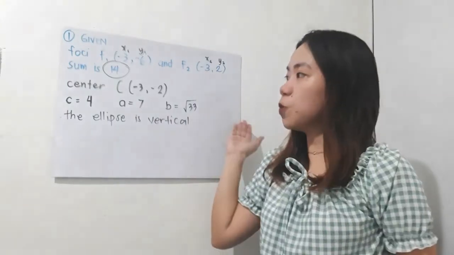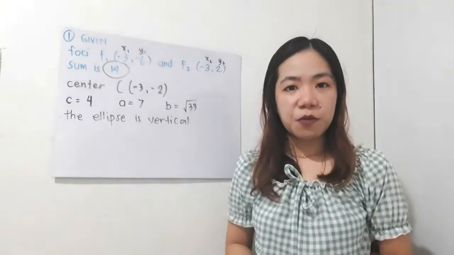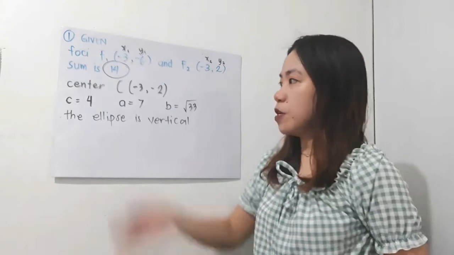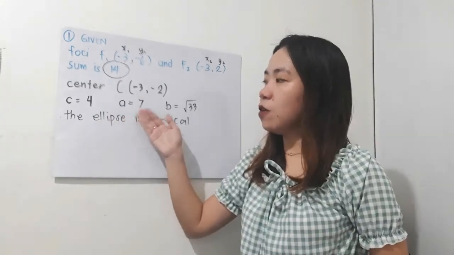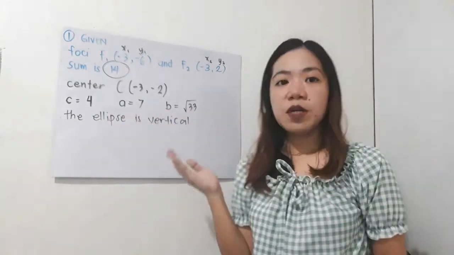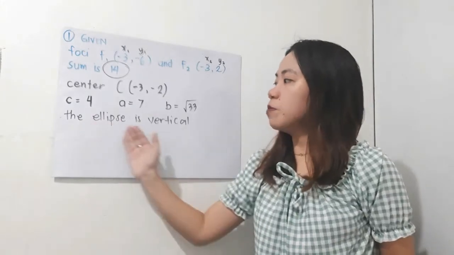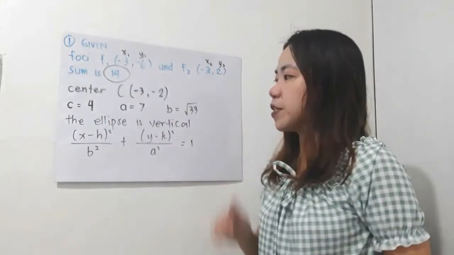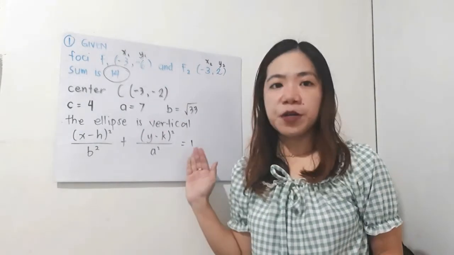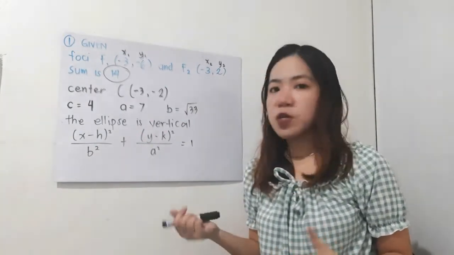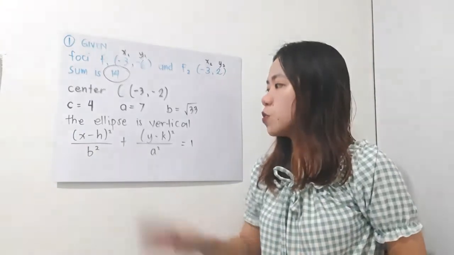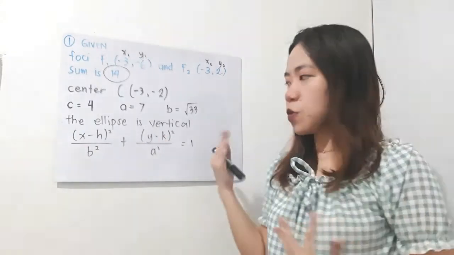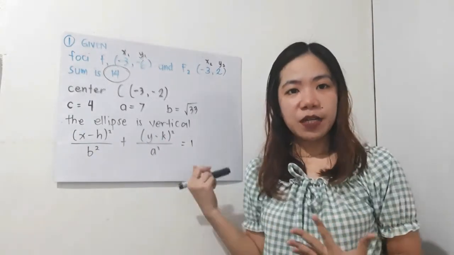The following are what we need to determine the standard form of the equation of the ellipse. So we have the value of a equals 7, b equals the square root of 33, and the ellipse is vertical. Now, since the ellipse is vertical, we'll make use of the form (x minus h) squared over b squared plus (y minus k) squared over a squared equals 1.